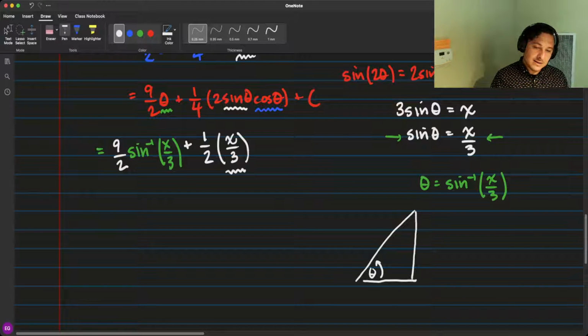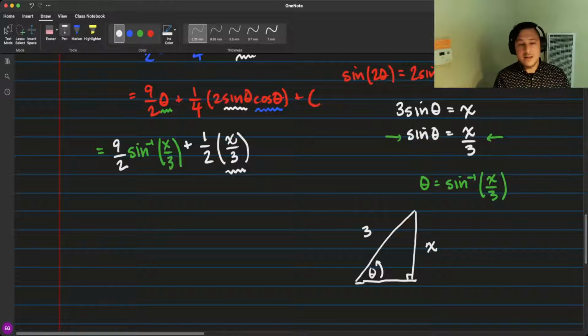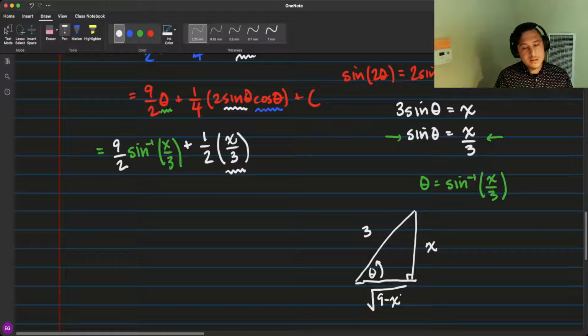This is theta. We have an x over here, a 3 over here, and a square root of 9 minus x squared right here. What is cosine of theta equal to?